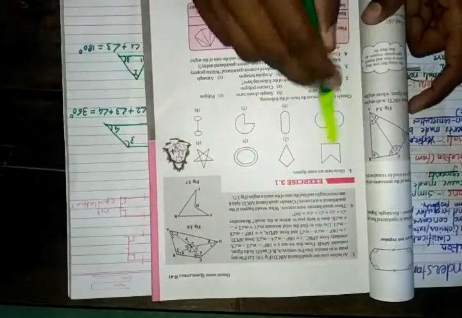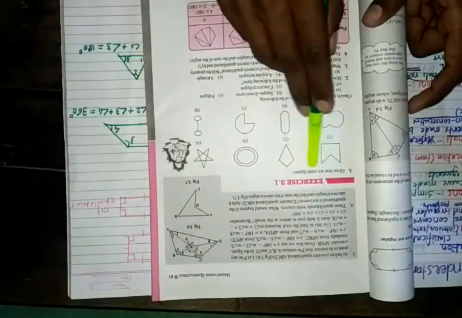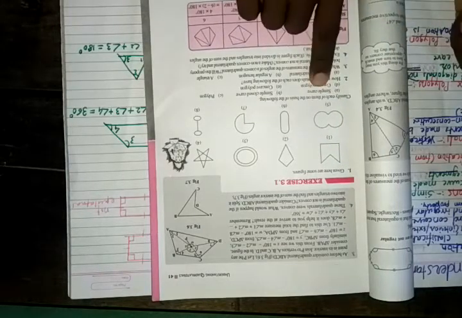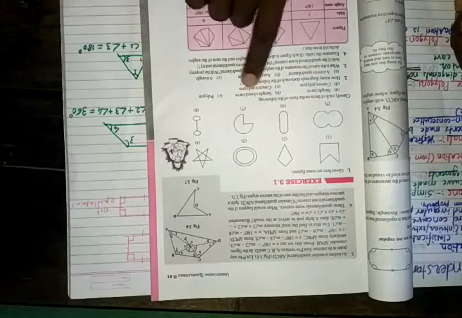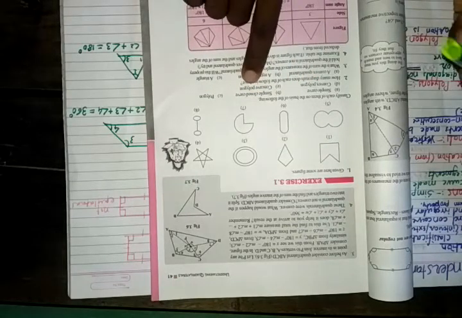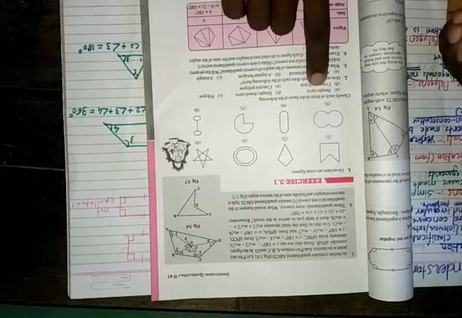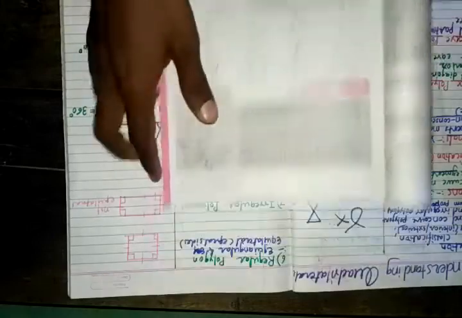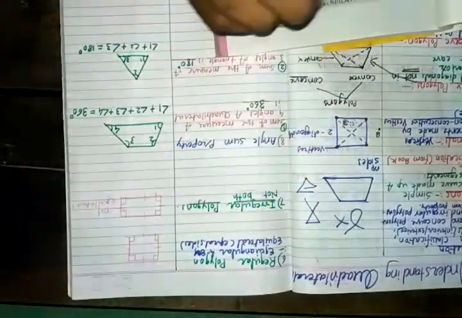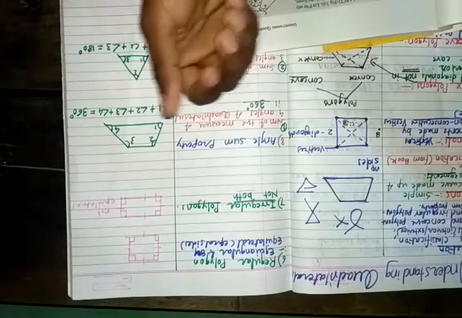The first question gives some figures, and we have to classify them as simple curve, simple closed curve, polygon, convex polygon and concave polygon. Yesterday I mentioned what a simple curve is: if I draw a curve without lifting my pen, then it is a simple curve. Then what is a simple closed curve?